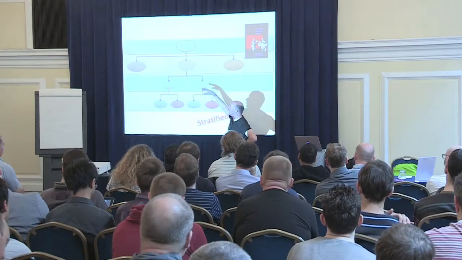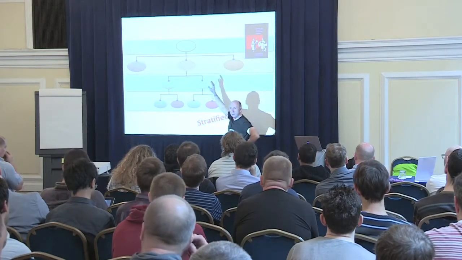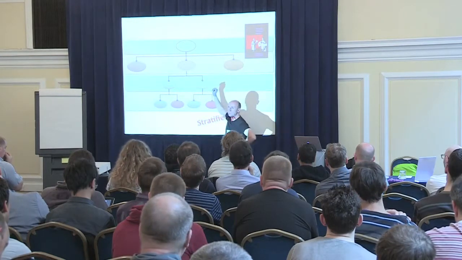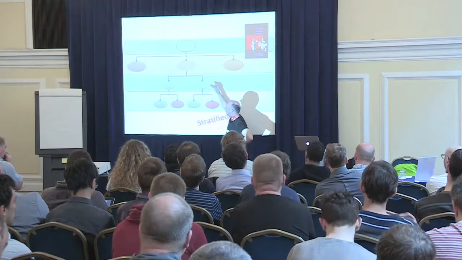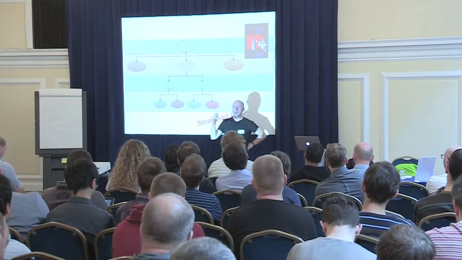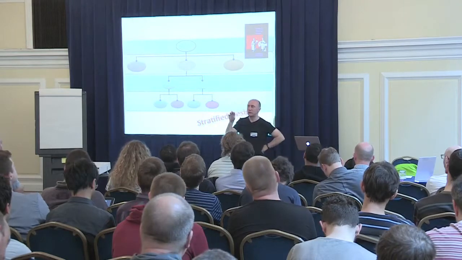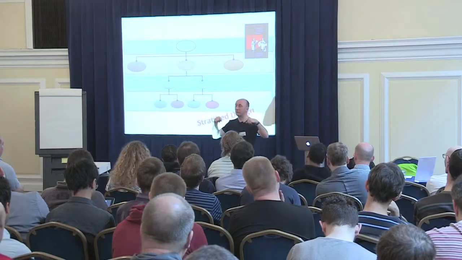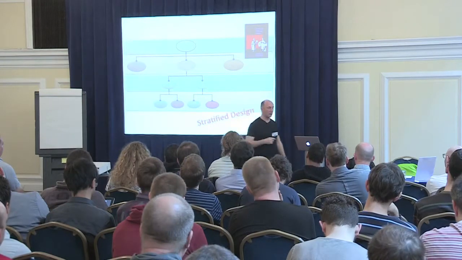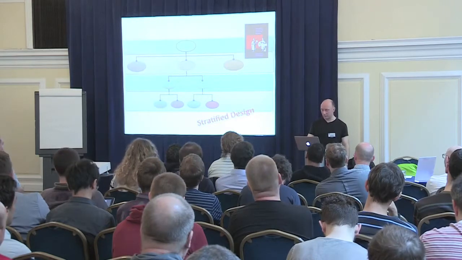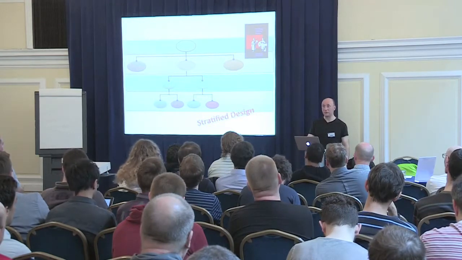Then on the next layer it says, okay, getting everything done means steps A, B, C. On the next layer it means, okay, getting the job done means A, B, or X, Y, and so on. So each level describes a vocabulary for the whole problem, but on different levels of abstraction. So that's why I call this stratified design. I find it in accordance with Abelson and Sussman, and that makes me sleep well at night.